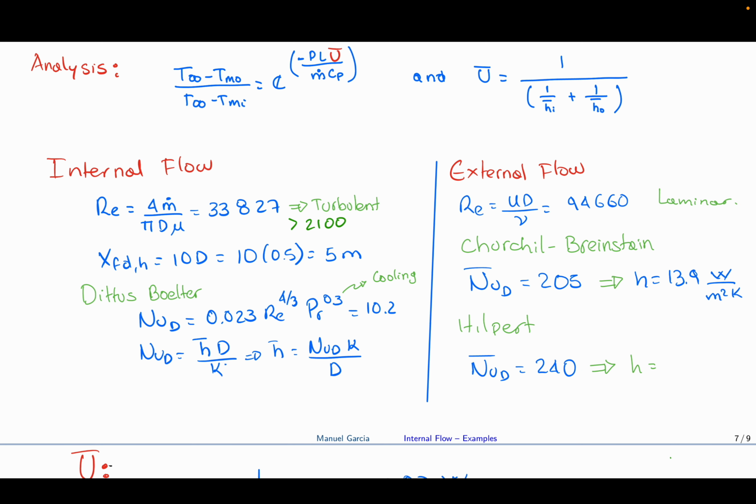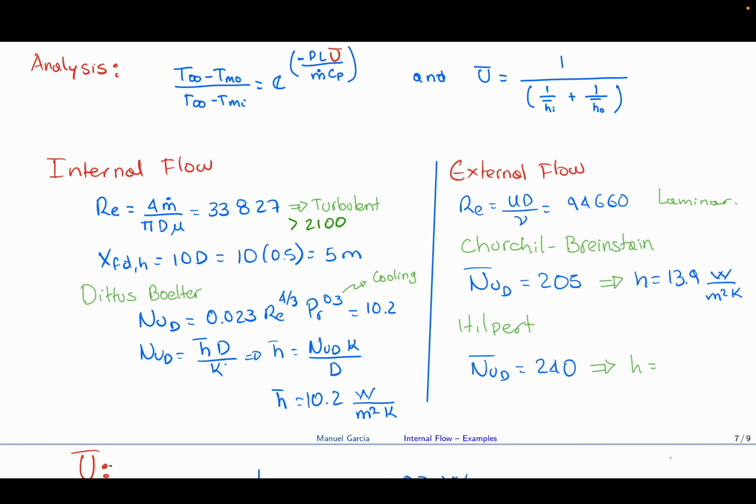And by replacing the values, the average h is equal to 10.2 watts per meter squared Kelvin.